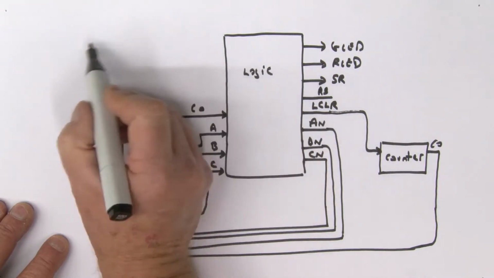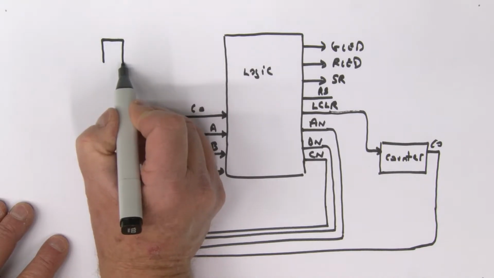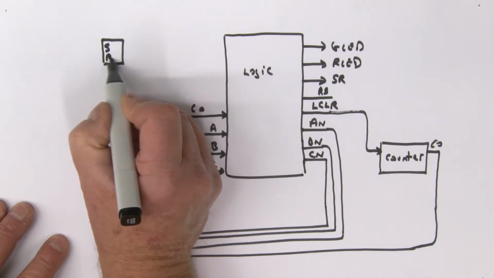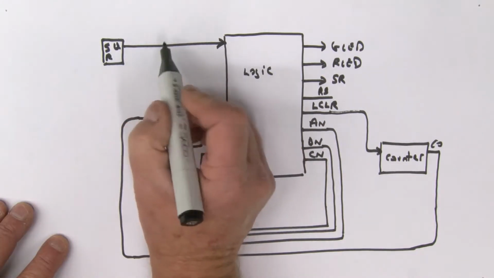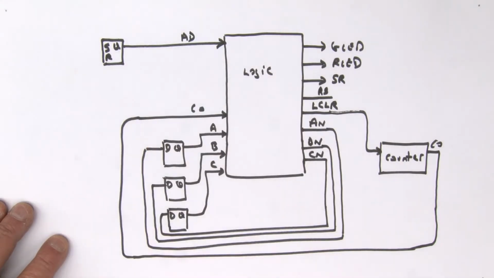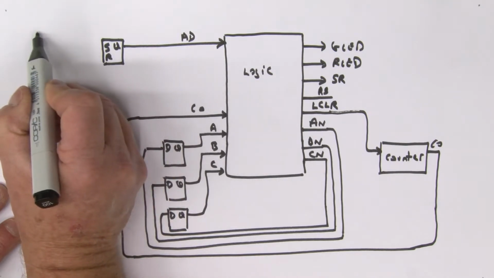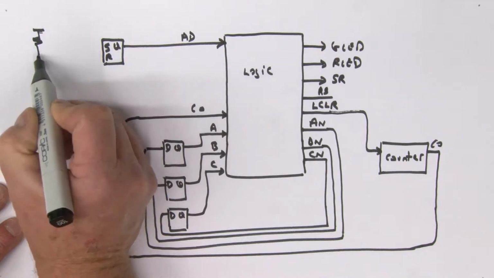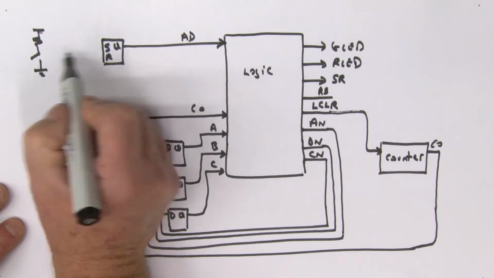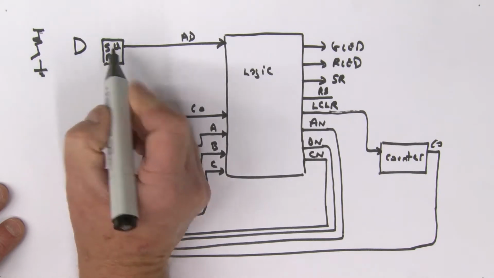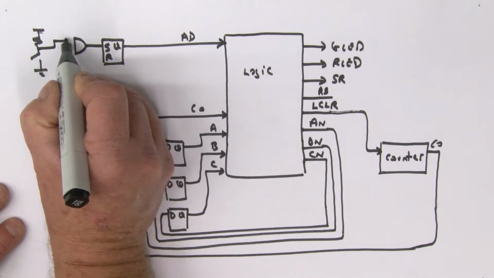All right, let me show you over here the SR latch, which is used to arm and disarm the system. So here it is. This is my S and R. It's got a Q output, and that is an input to our state machine, and that's our AD input into the state machine. Now as I indicated before, this could be used with some kind of a key switch, but nevertheless it's a switch. I'll model it this way. It might be a normally open switch such as this, and we are typically putting an AND gate like so. The output of the switch then is basically inverted.